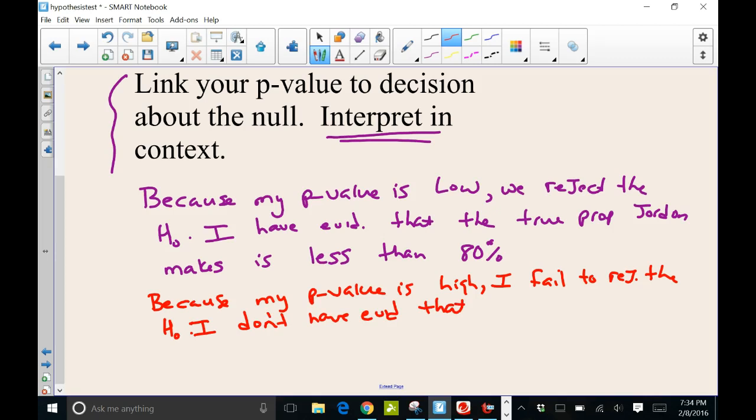And the alternative here is that Jordan gets less than, what was that, 80% of his shots. So you're always linking the p-value to the decision, and then you're saying either you have evidence the alternative is true or you don't have evidence the alternative is true.